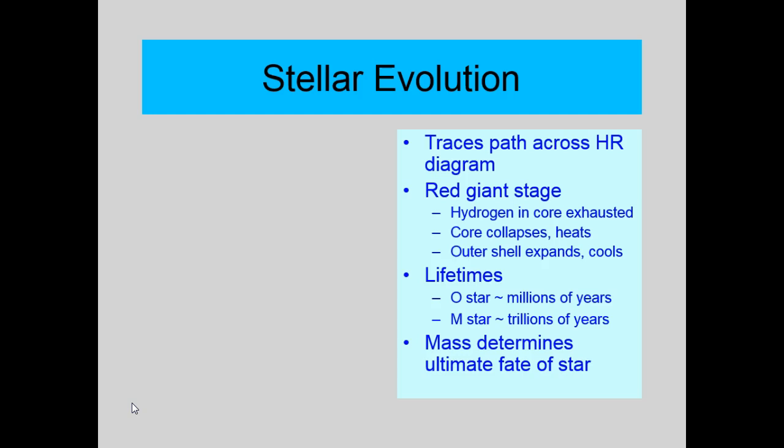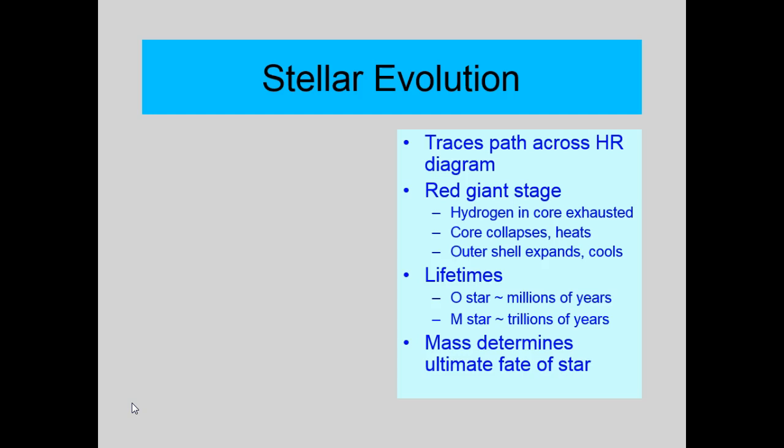The core collapses because remember, it's the fusion pushing things outward. Okay? Now it collapses. It heats up big time, really high. Okay? Now, when the core heats, it blows the outer shell outward. Okay? The outer shell is being blown outward because of the heat from the inner core collapsing, because there's no more fusion.